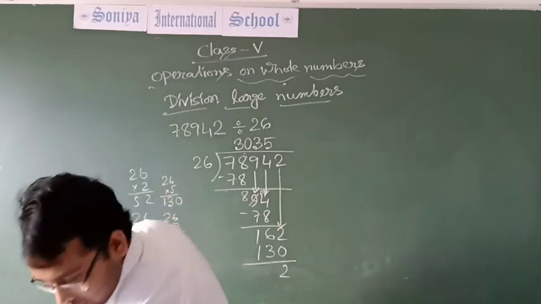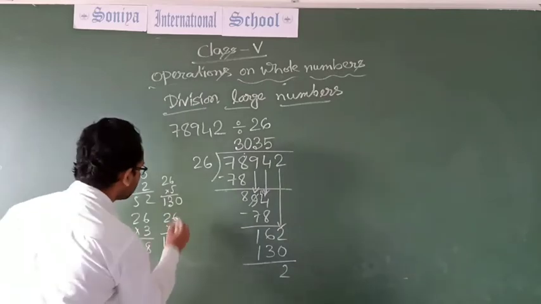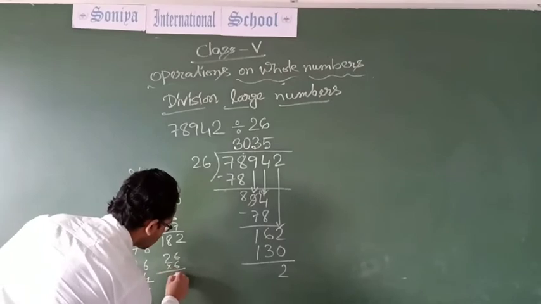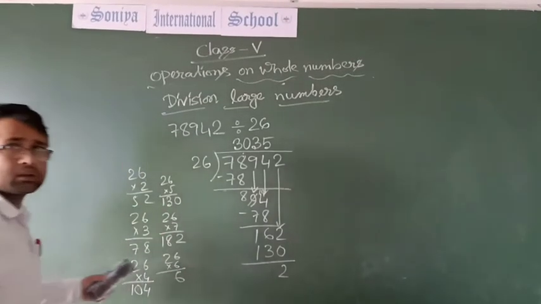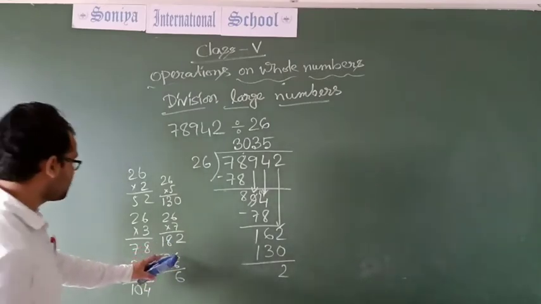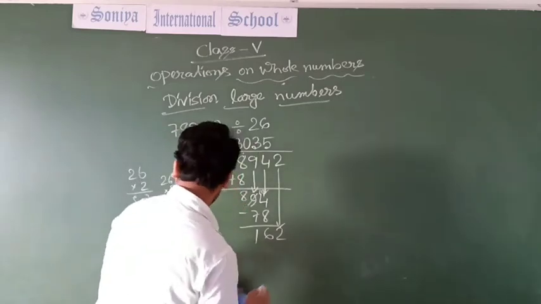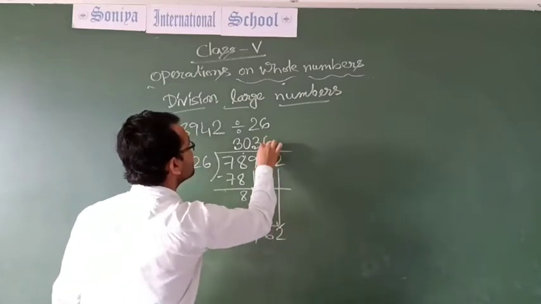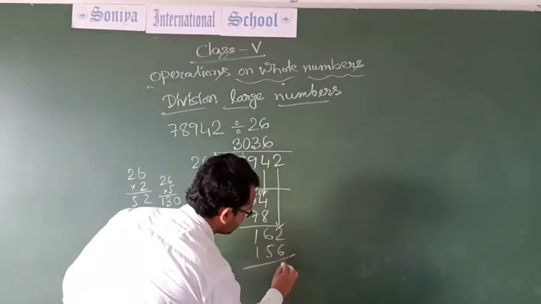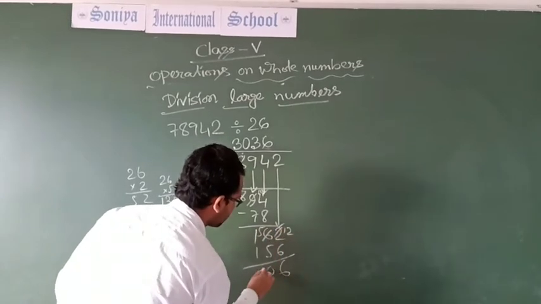Sorry, some mistakes, I did not multiply 6. 26 times 6: 6 sixes are 36, carry forward 3, 6 twos are 12 and 3 is 15, so 156. So take 6 times, 156.